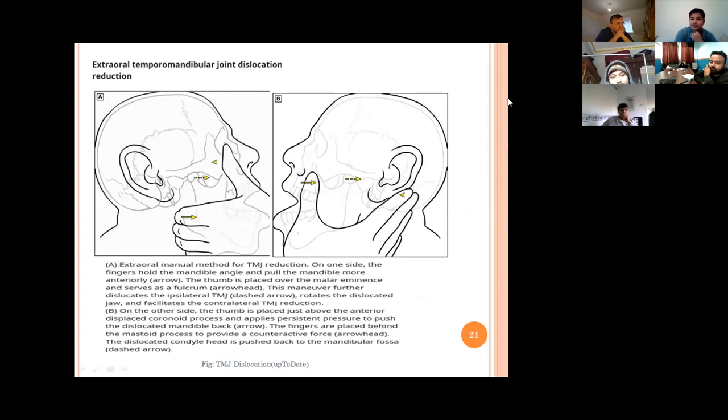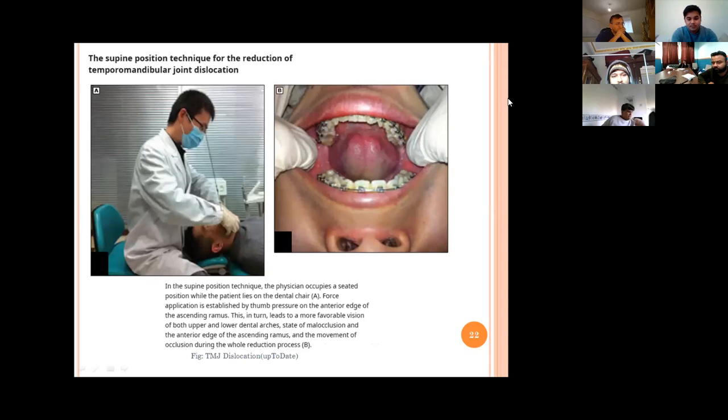In this method, pressure is applied on the non-affected joint side, so that the affected or dislocated joint side comes back into place. This is the figure demonstrating the technique. And this is the supine position technique for the reduction of temporomandibular joint dislocation.